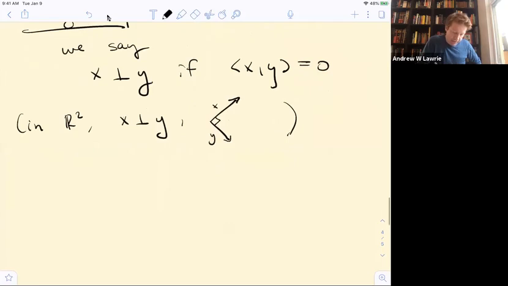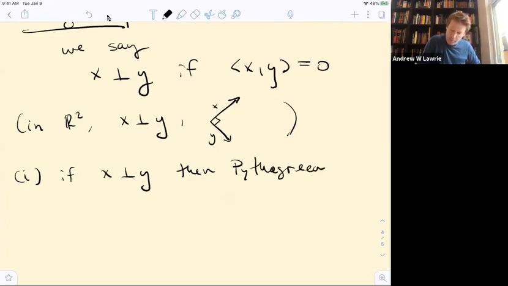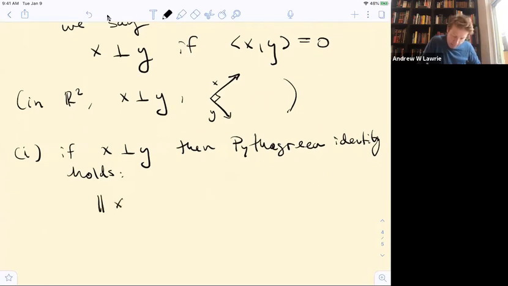Okay, so some consequences, some facts about inner product spaces. Now we have this notion of orthogonality. So one, if x is perpendicular to y, then the Pythagorean theorem holds, or the Pythagorean identity, which is that the norm of x plus y squared is equal to the norm of x squared plus the norm of y squared.